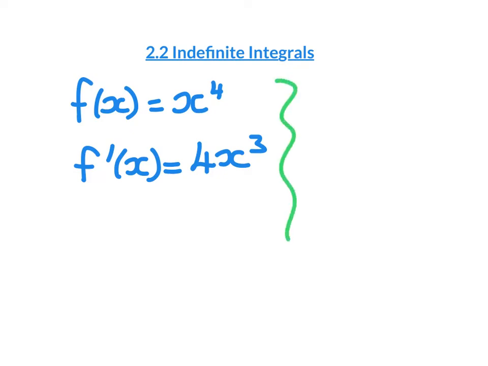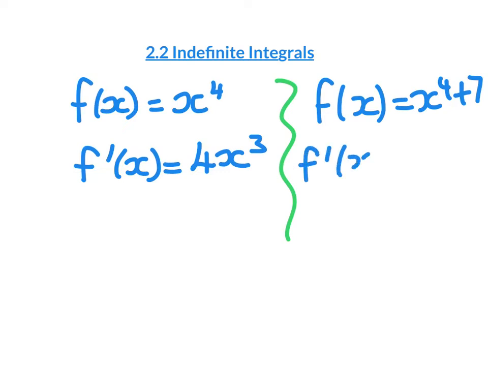However, if I had another function, which is x to the power of 4 plus 7, and I differentiated it, I would also get 4x cubed. And so when I integrated the 4x cubed, I'd end up with x to the power of 4, and I'd have no reference to the 7.